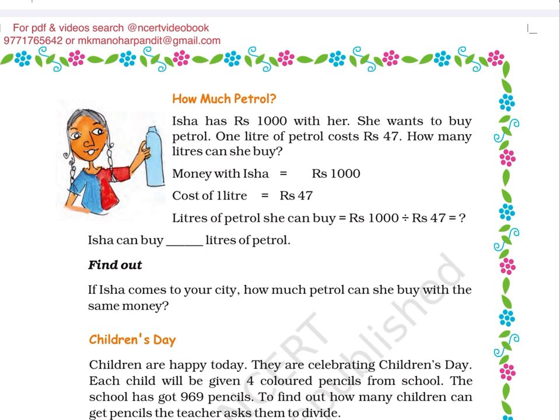Liters of petrol she can buy is equal to rupees 1000 divided by rupees 47 is equal to dash. Isha can buy dash liters of petrol. Find out. If Isha comes to your city, how much petrol can she buy with the same money?